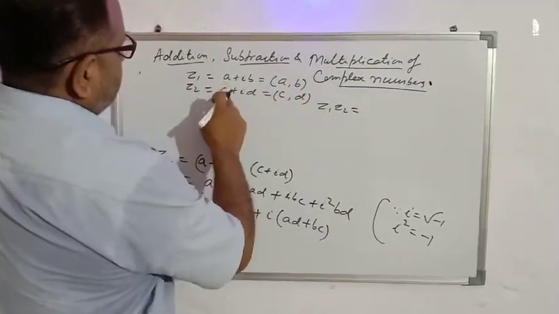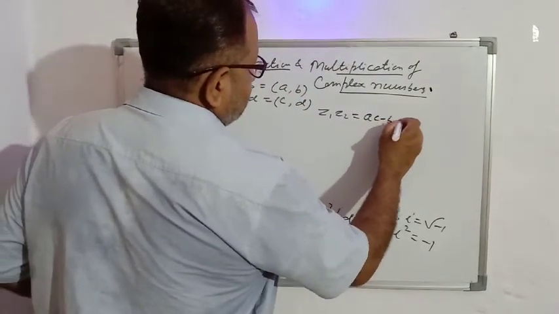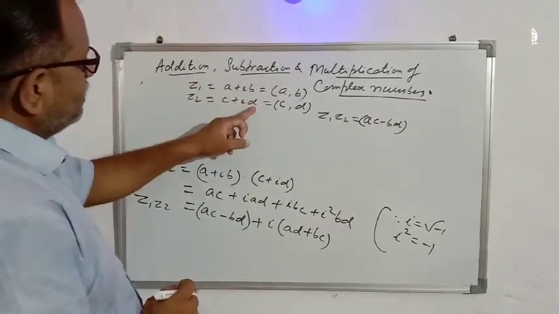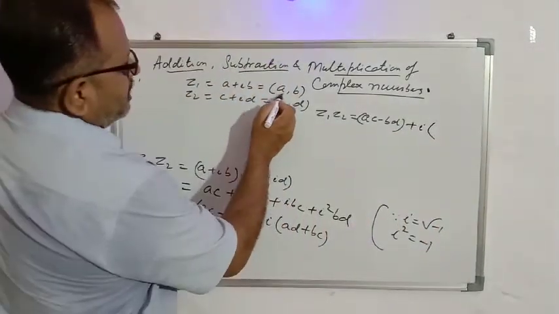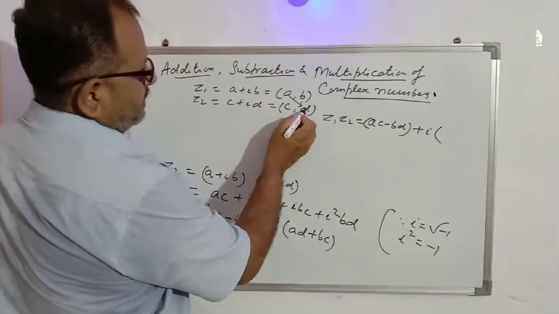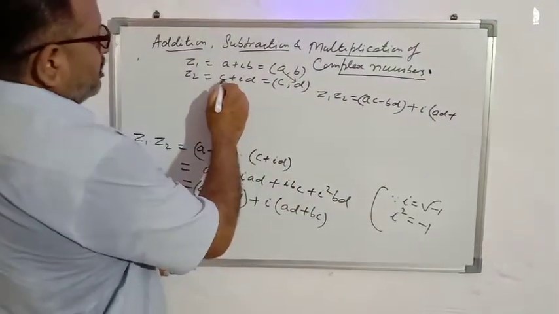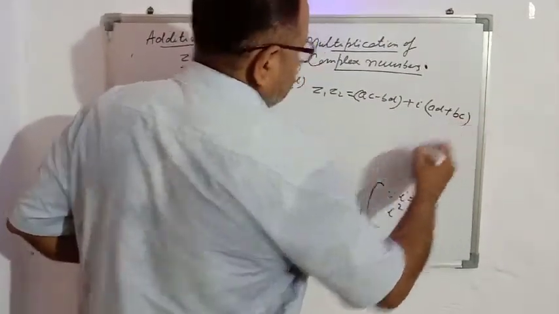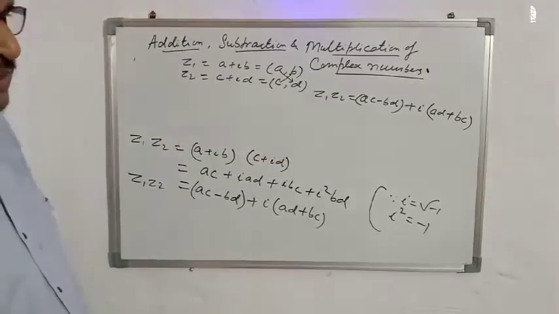Firstly multiply the real parts and multiply the imaginary parts, then subtract. Plus i into ad, real part of the first into imaginary part of the second, plus real part of the second into imaginary part of the first, bc. ad plus bc. So in this way you can learn the product of two complex numbers.